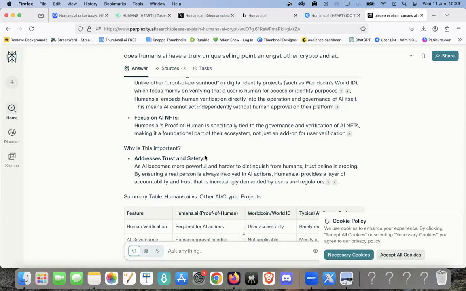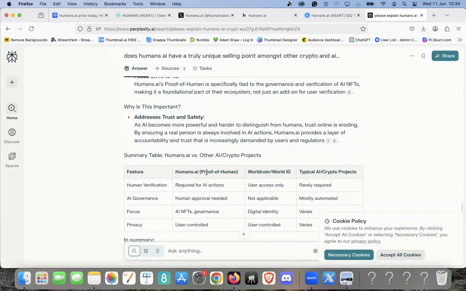This means AI cannot act independently without human approval on their platform. This is big. Humans AI's proof of human is specifically tied to the governance and verification of AI NFTs, making it a foundational part of their ecosystem, not just an add-on for user verification.